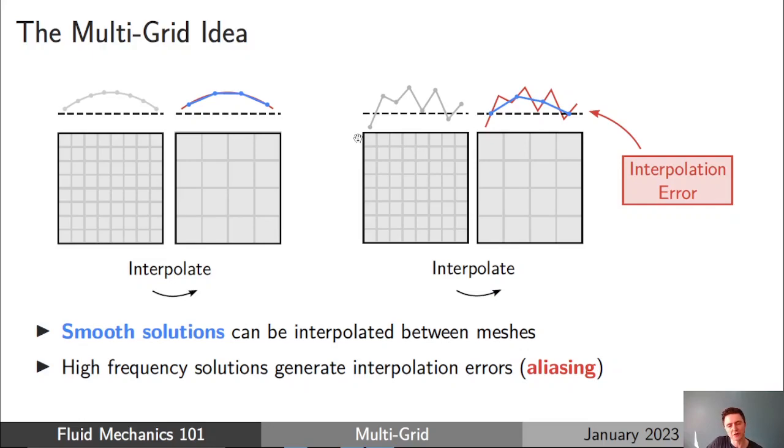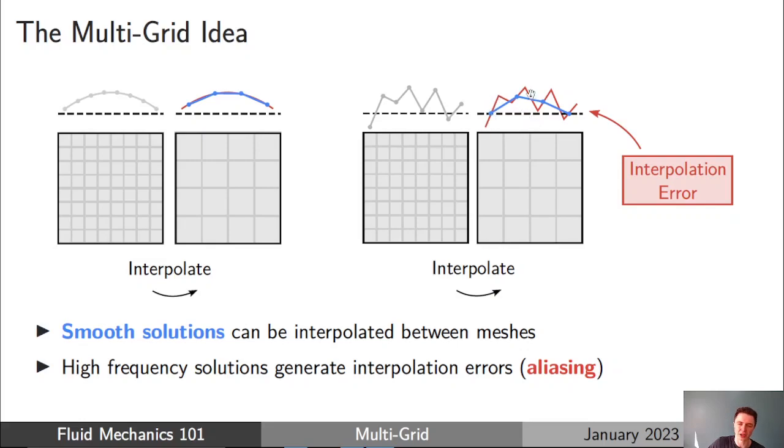However, if our field had high frequency components, you can even think of this now: if you draw a line up to this high frequency field at the position of the coarser centroids that you need, take those values and then interpolate between them, you can see that this new interpolated field, the blue line, is actually a really poor representation of the previous field.